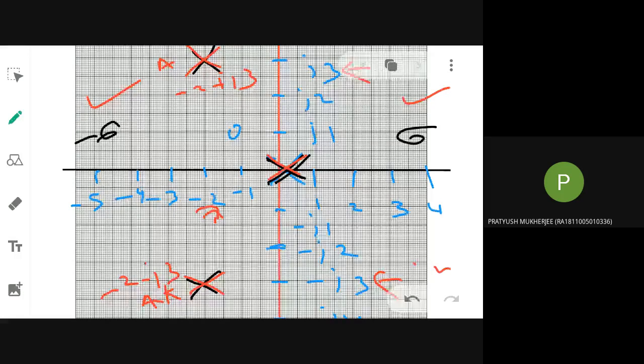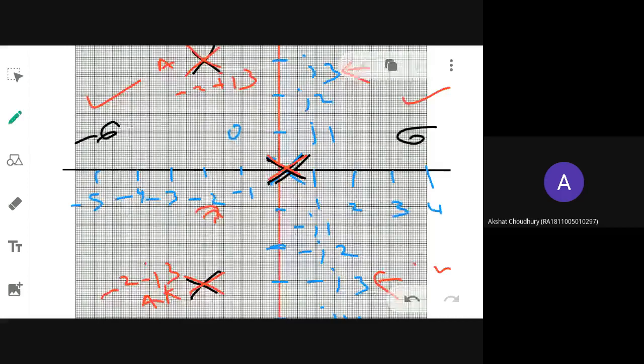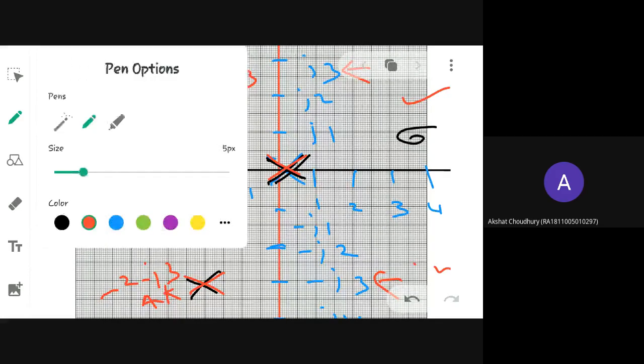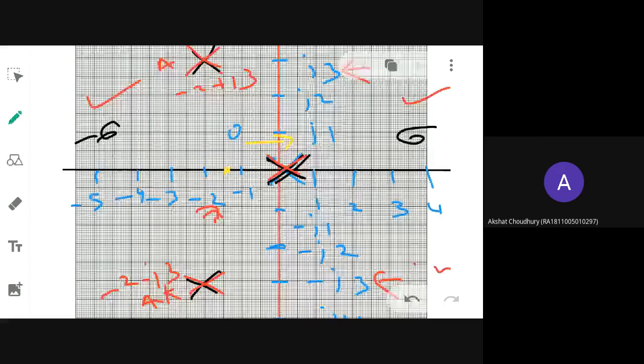Okay, second step, what is your second step that I have told you? Ma'am, finding root locus on the real axis. So how will you proceed finding it? You have to fix a trial point here somewhere. You have to look to this side, and count how many poles and zeros you are having. As you can see from this graph, only one pole is located at the origin.